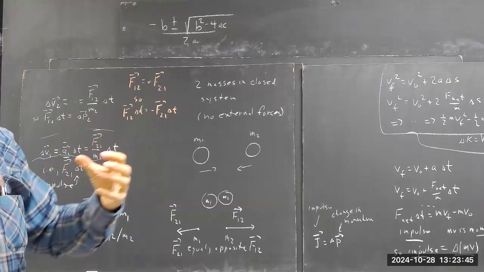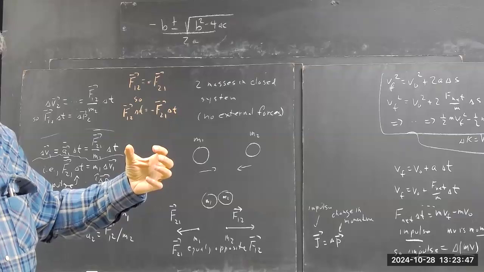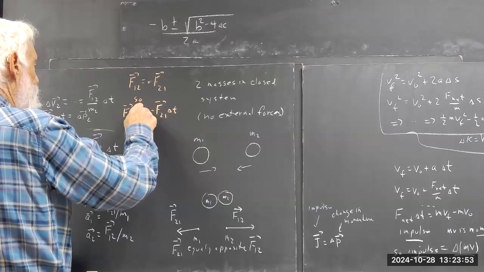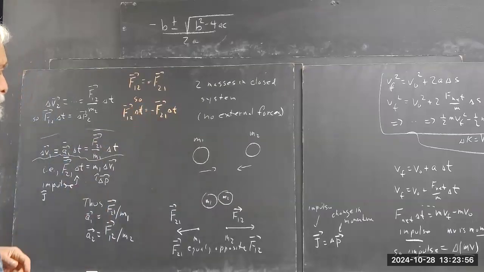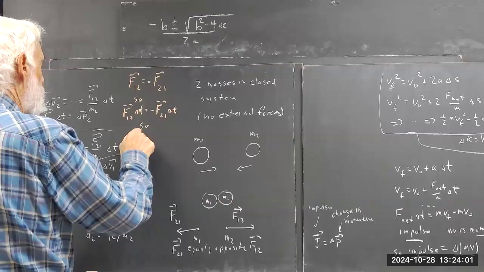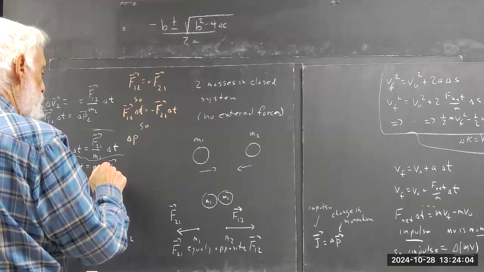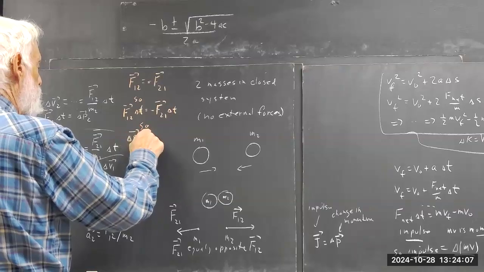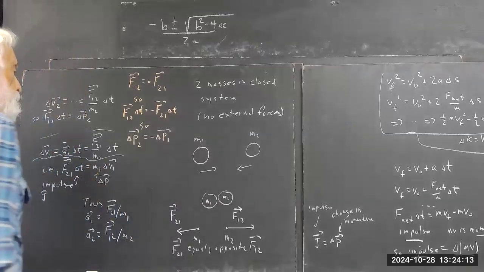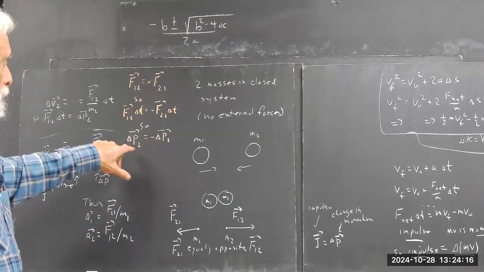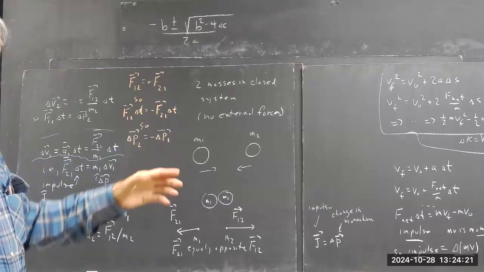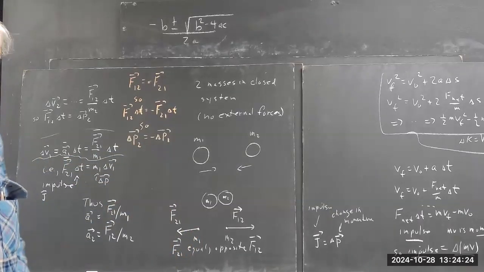Comes from these things compressing each other and then pushing each other apart. All right, delta T didn't come out very well there, but so change in momentum of ball two is equal and opposite to the change in momentum of ball one. They have equal and opposite changes in momentum.